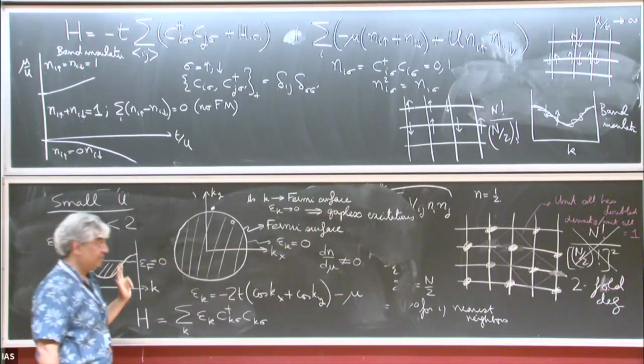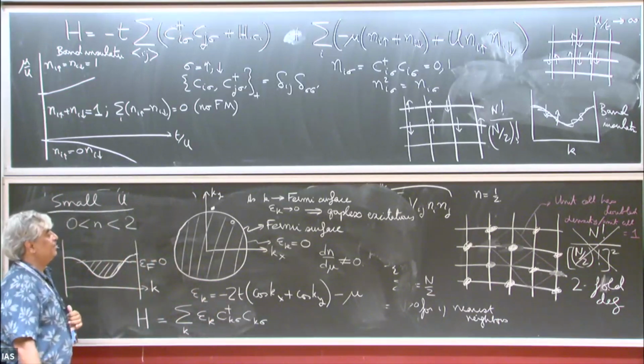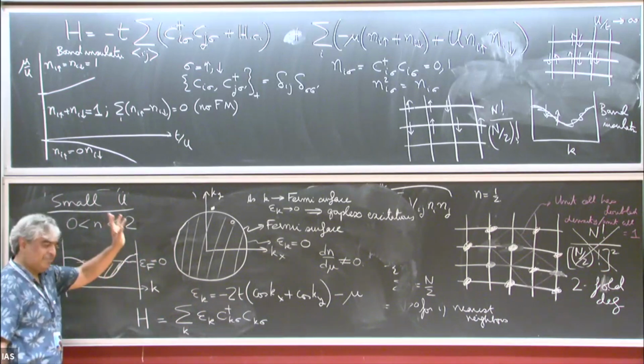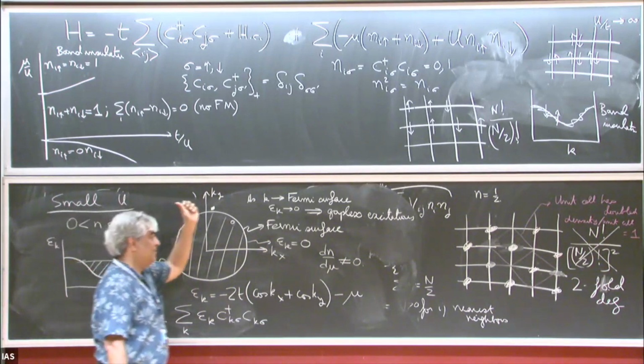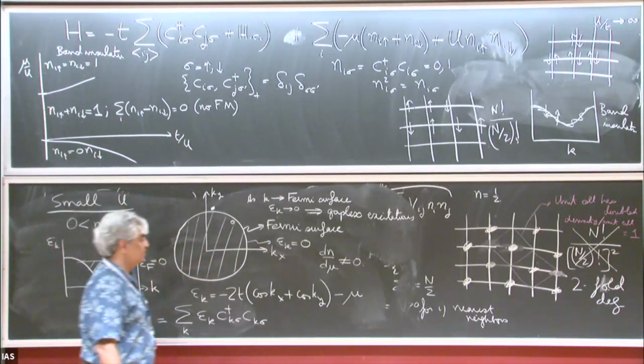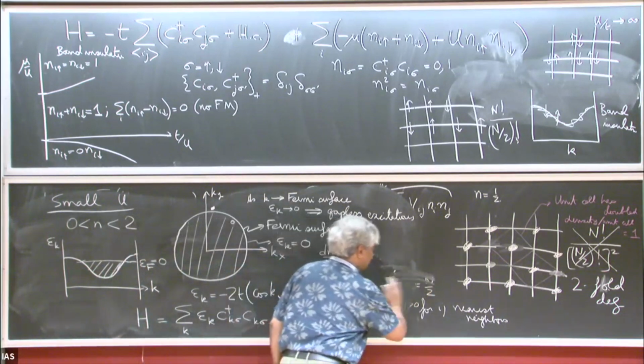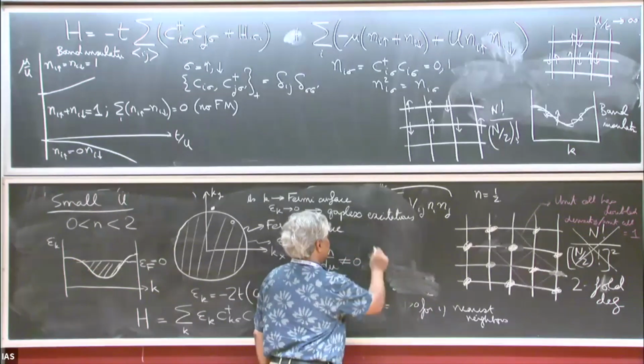Translational symmetry is not broken. There's no symmetry that's broken here. However, the superfluid did break a global U1 symmetry. This one doesn't. So that's the main difference between a Fermi liquid and a superfluid. The global U1 symmetry is preserved. So my board has become really messy here.